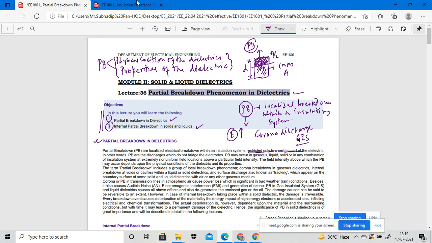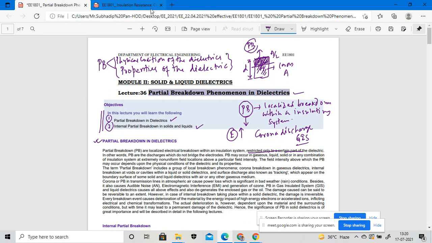Hence the significance of partial breakdown in the solid dielectric is of great importance and will be described in detail in the latter part.